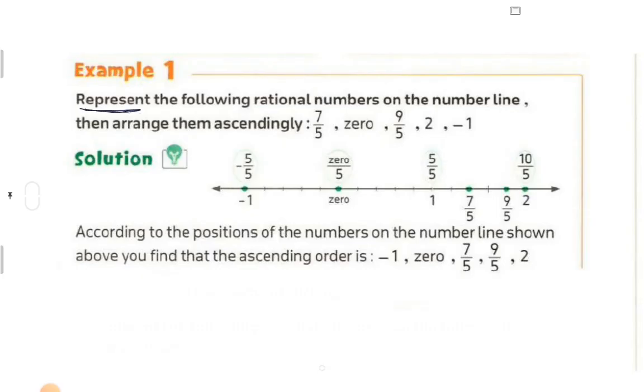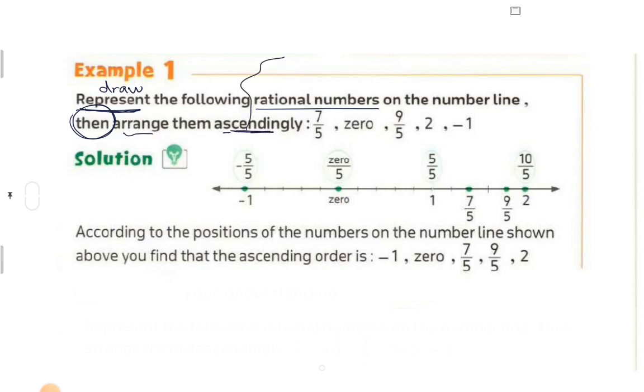Example number 1. Represent. Draw the following rational numbers on the number line. First, draw the number line and locate the rational numbers. Then, after we draw the number line and put the numbers on it, we need to arrange them ascendingly.